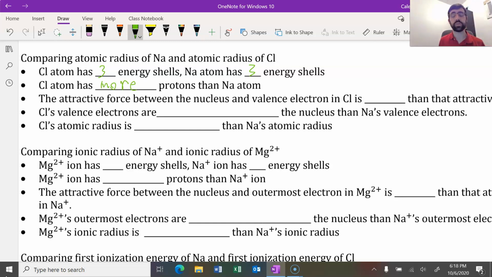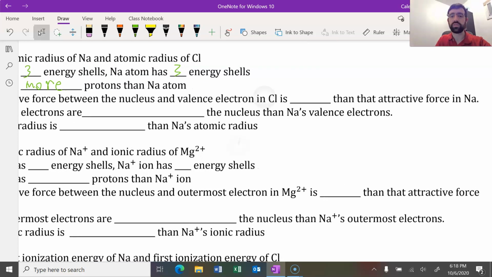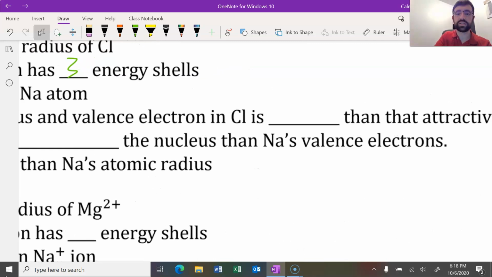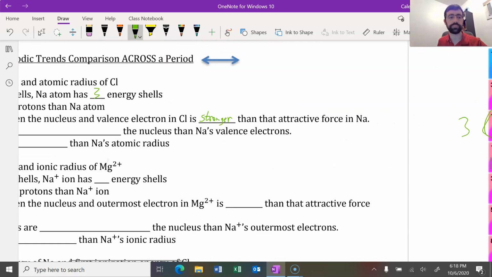Same number of energy levels, but more protons means a stronger pull on the nucleus. So the attractive force between the nucleus and the valence electron in chlorine is stronger. That attractive force is stronger than the attractive force in sodium.